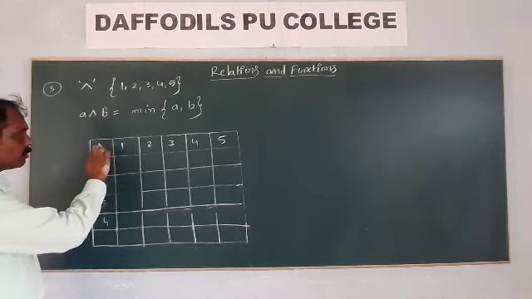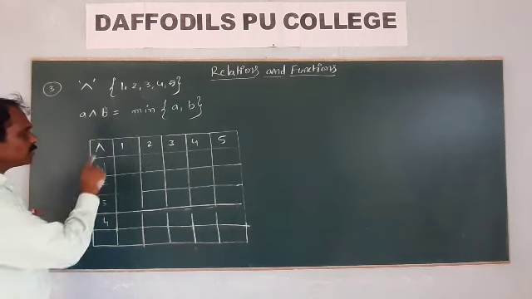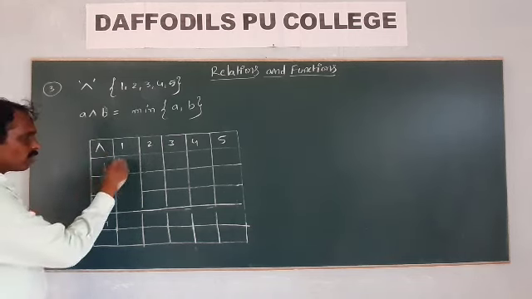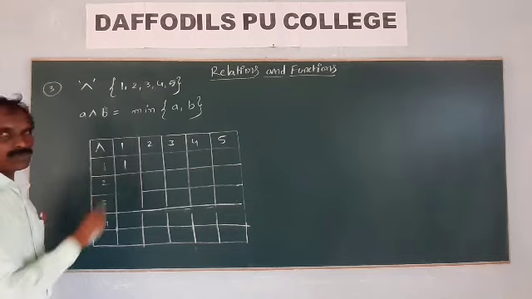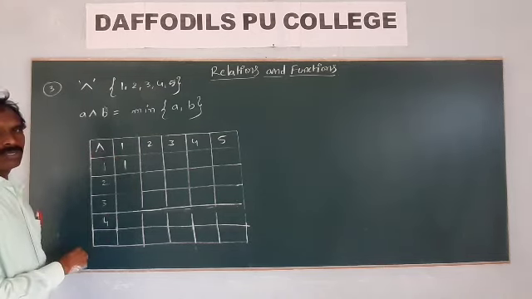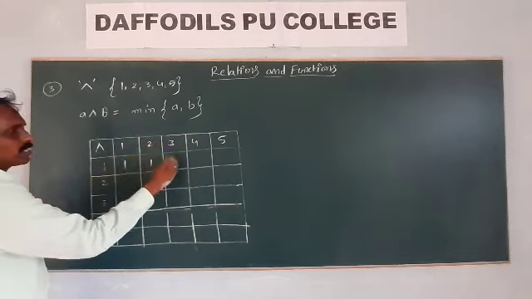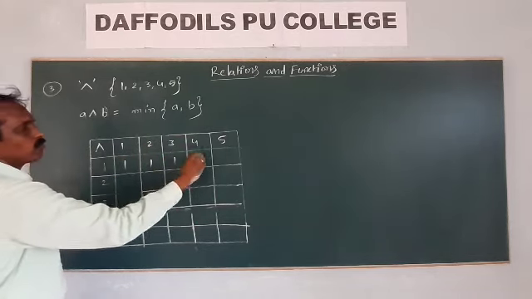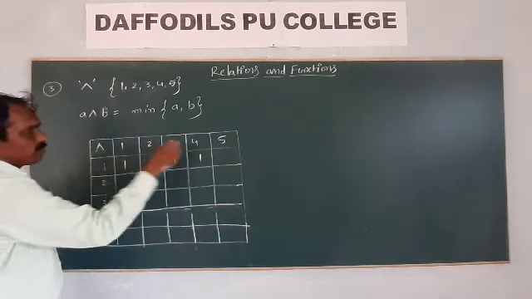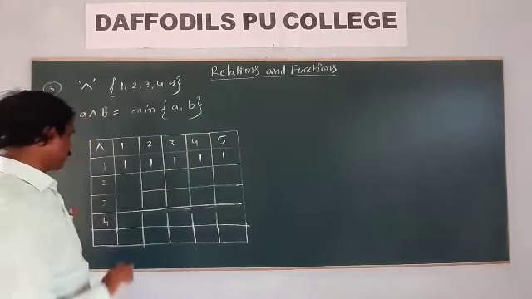So 1 comma 1 means the minimum of 1 and 1, which is 1. The minimum of 1 and 2 is 1, of 1 and 3 is 1, of 1 and 4 is 1, and of 1 and 5 is 1.